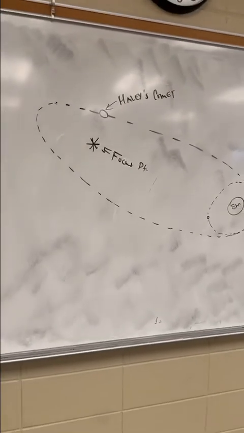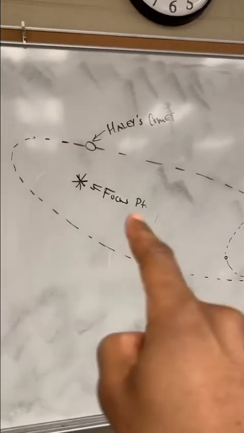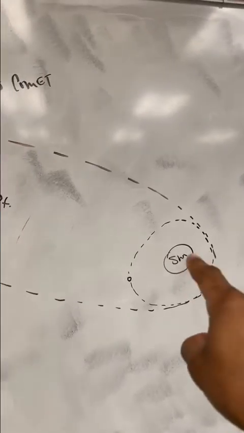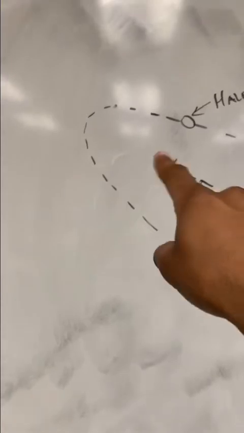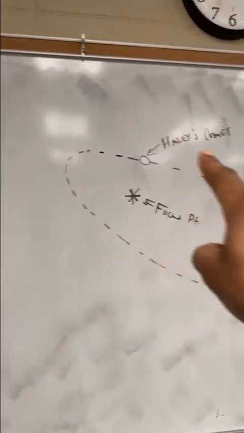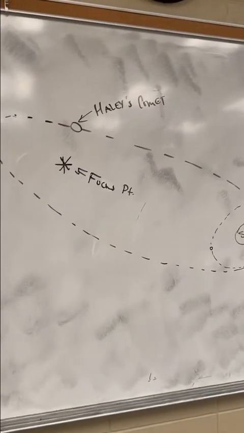Another cool thing about this focus point, remember what I said, when you have something that's elongated, you're going to have two focal points. So just imagine the sun being at one of the focal points, and there's some imaginary point in space where this other focal point lands, right? That's what controls the shape of our ellipse itself.